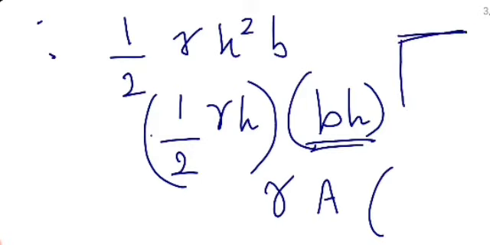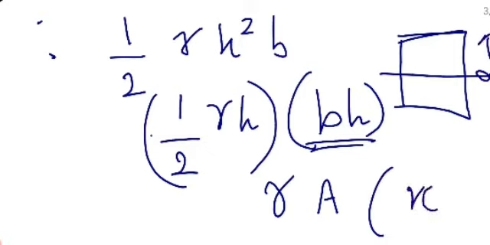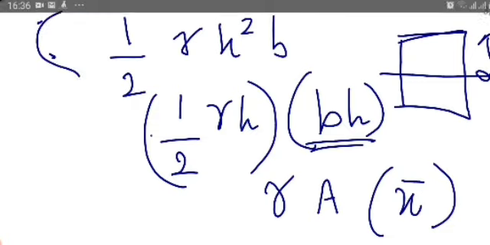For a rectangular plate, the centroid of the area is located at a distance h by 2. It is usually denoted as h bar, the distance of the centroid from the top. So this is the general formula.